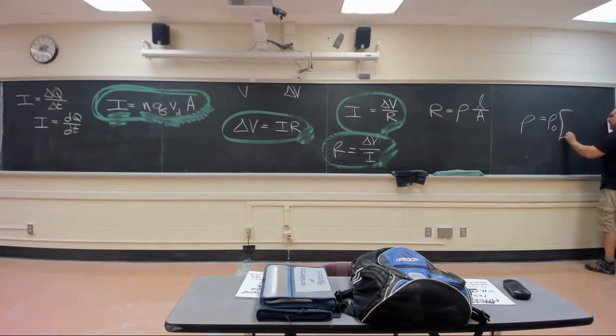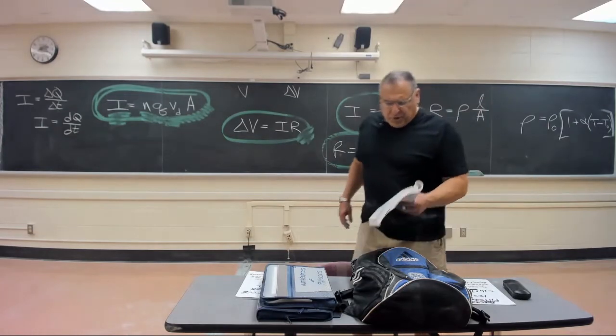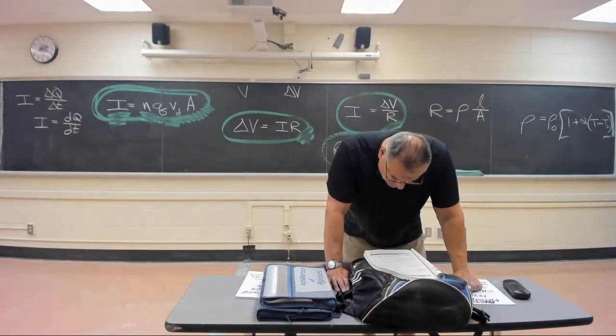It kind of standardizes the whole thing, plus alpha. Alpha is the temperature coefficient of resistivity. T is the temperature you're talking about, in degrees Celsius, because you're getting a difference. So it could be Kelvin or Celsius. The bigger the temperature, the harder it is to flow. Lower the temperature, easier it is to flow, according to the equation here, how it plays out.